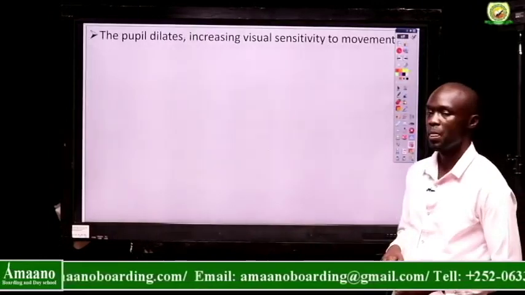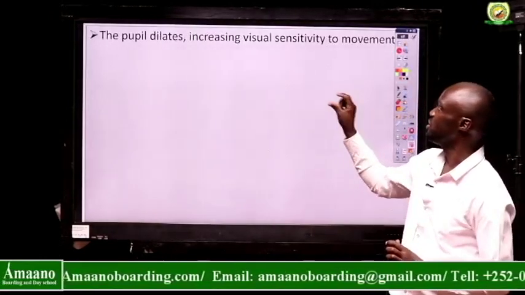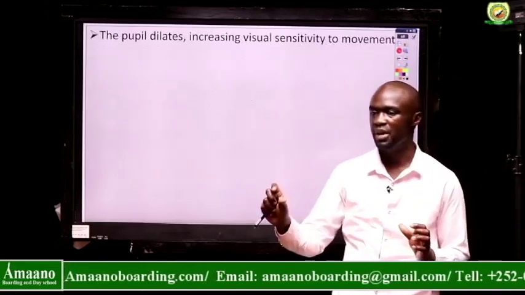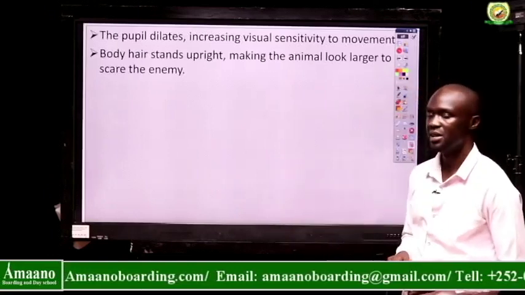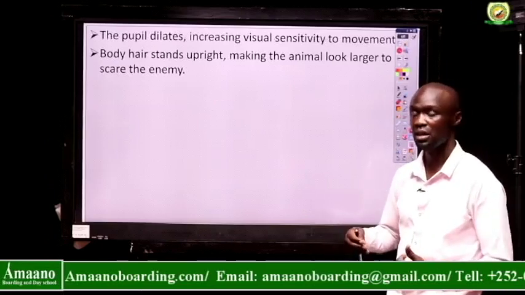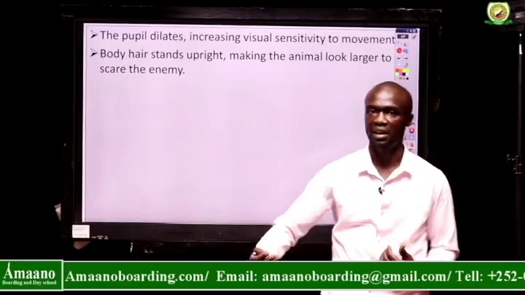Then lastly, the pupil will dilate, increasing your visual sensitivity so that the animal can watch the movements of the enemy. The body hairs, in case of animals, stand upright, making the animal appear large to scare the enemy.